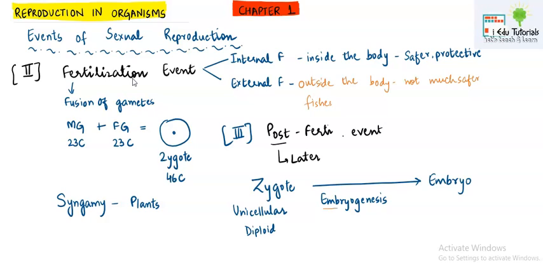Again, two terms are there, embryo and genesis. Genesis means synthesis. Synthesis of what? Embryo. So here mitotic division or mitosis will happen in the zygote and a multicellular structure will be formed, which is known as the embryo.